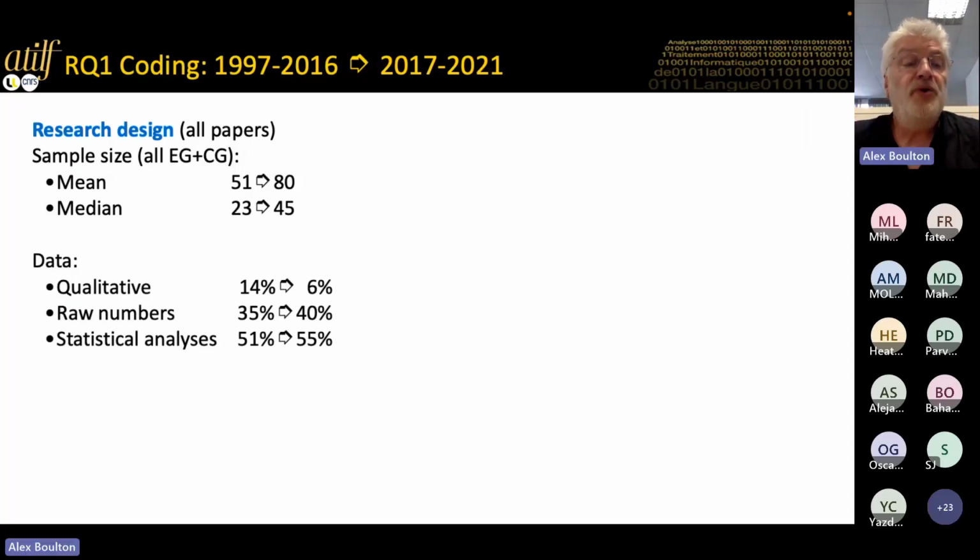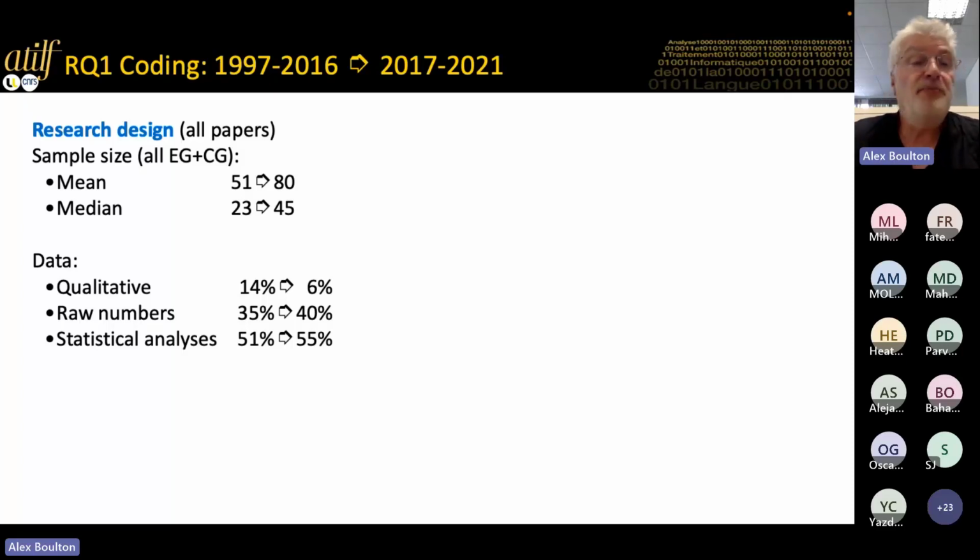The number of purely qualitative studies is decreasing. When we say qualitative, I mean studies which don't give any numbers, that interpret the data qualitatively. Some of them do have at least some raw numbers or percentages or descriptive statistics. That's a slight increase there, and also a slight increase for ones which have at least some more advanced statistical analyses.